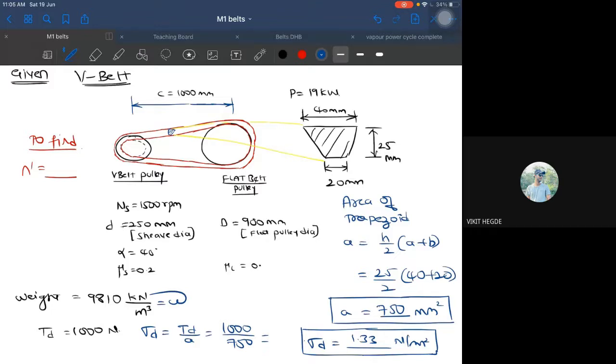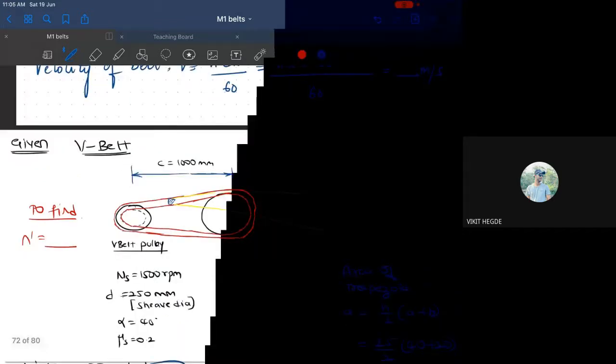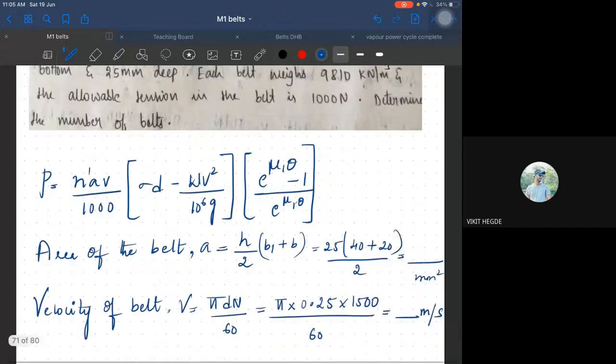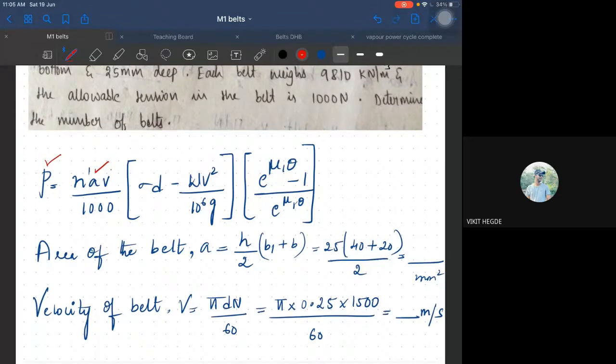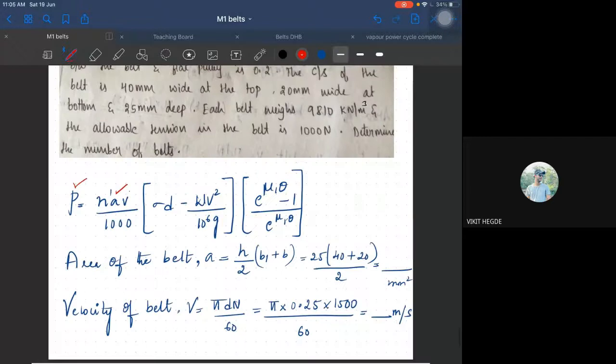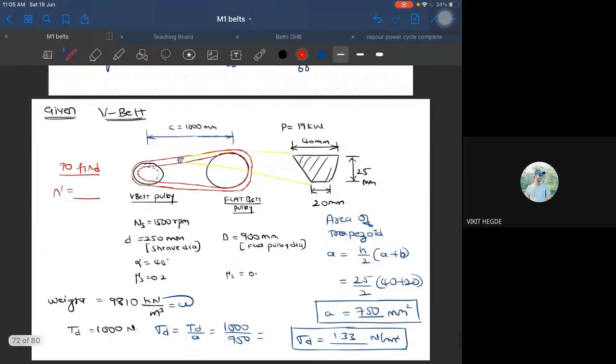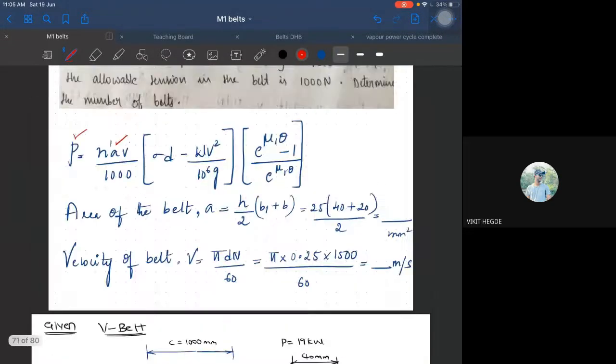Can you tell me what is the hindrance in this particular problem? What is stopping you? If I take that particular expression, I would just tick mark. Do I know the value of power? Power is done. Area is being calculated. Velocity you can calculate here. We have already calculated the area. Area is 750 mm square. I'll just update here also. Now, what is the velocity of the belt?